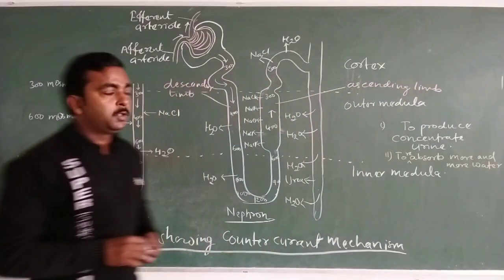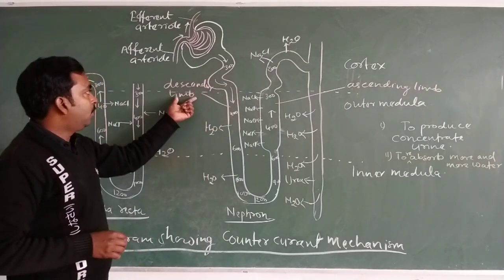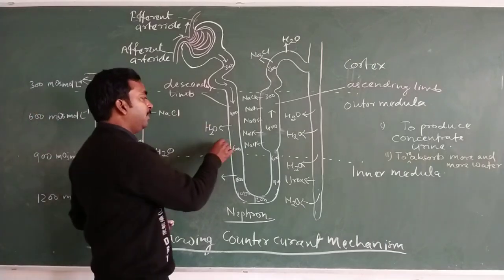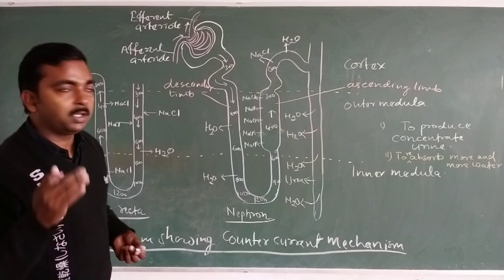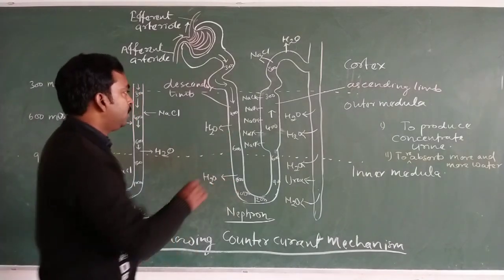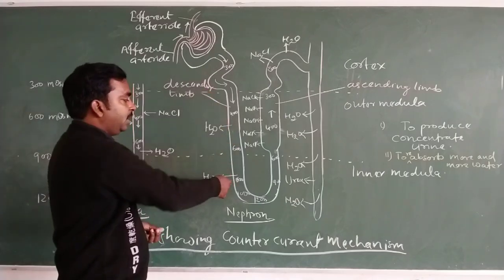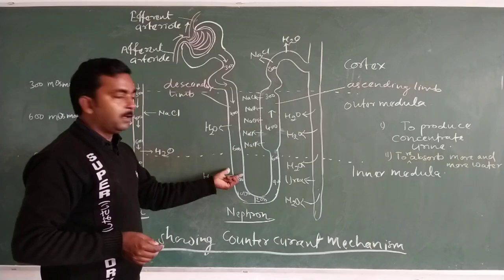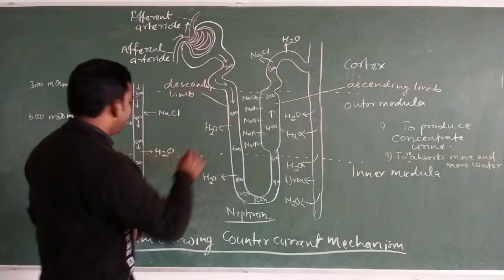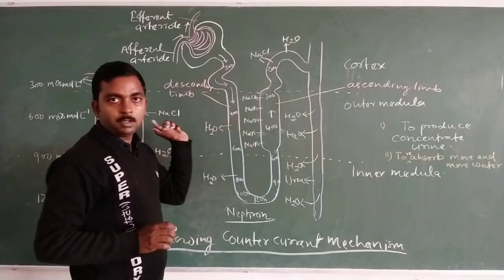As the filtrate goes down along the descending limb, which we have studied is permeable to water but not permeable to the electrolytes, sodium and chloride, water gets removed from the descending part while the electrolytes do not get outside.